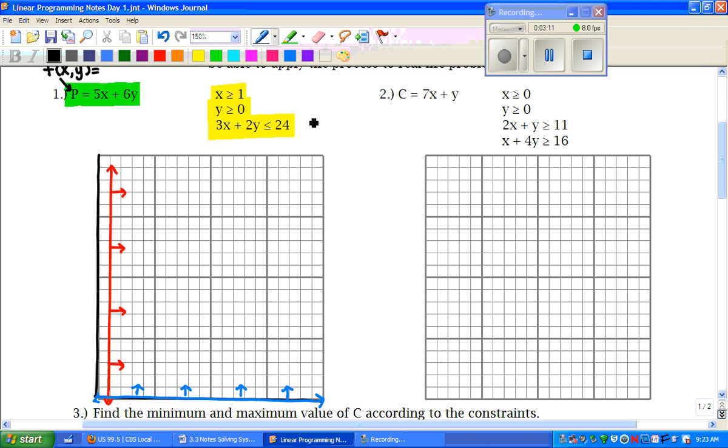And for the last inequality, you're going to have to solve for y. So subtract 3x from both sides and divide by 2. The y-intercept is 12. And the slope is negative 3/2, so you go down 3 and to the right 2.